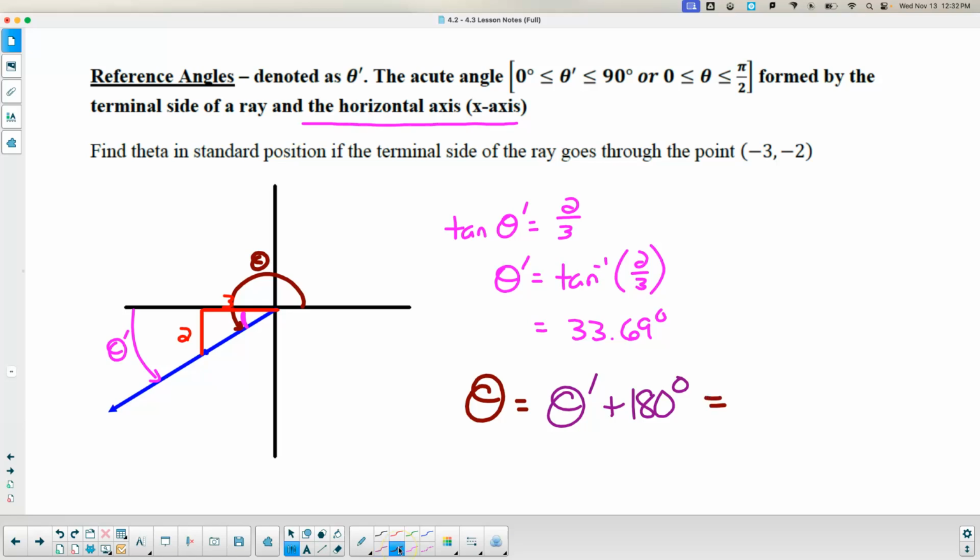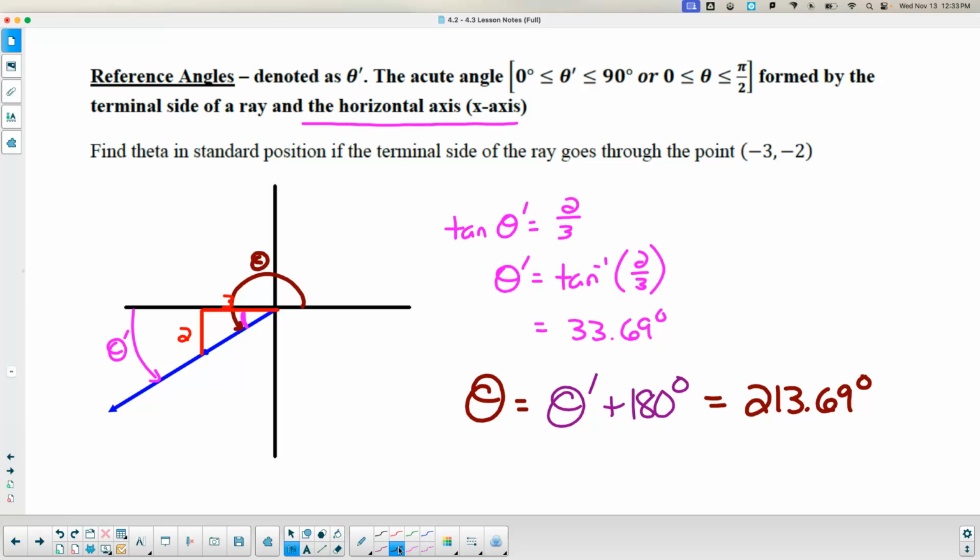So that's going to be, what's that, 213.69? Yep. Okay.